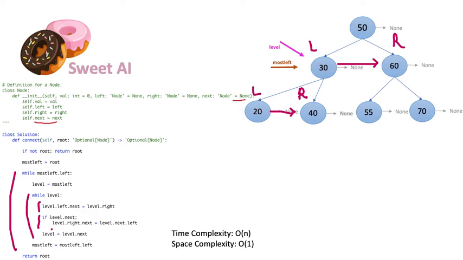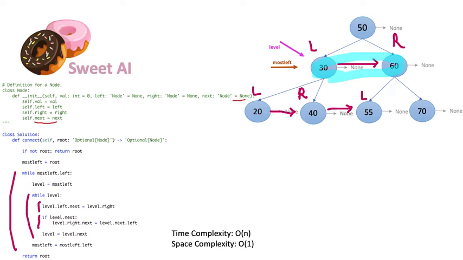And for the second case, we are going to check if level.next exists, and now we see level.next exists, it is not pointing to none, so we need to check this condition, and if it exists, level.right.next is going to point to level.next.left.